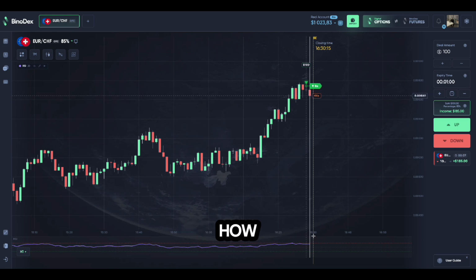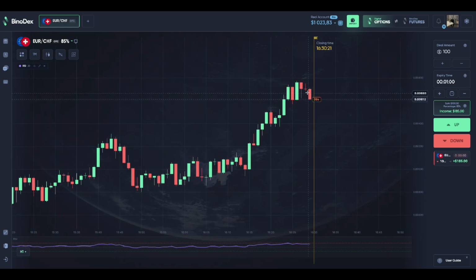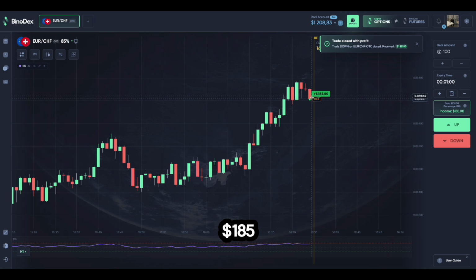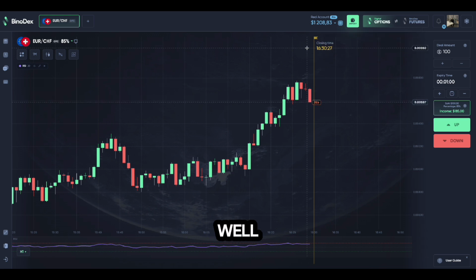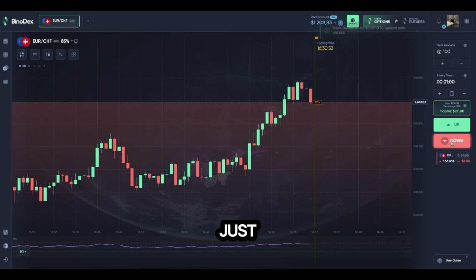Now let me show you how this works in practice. By the way, our current trade is about to close in profit. So we earned a total of $185 with a net profit of $85. Well, looking at the overall picture, it seems like we could definitely open another trade right here. Let us open just one more.